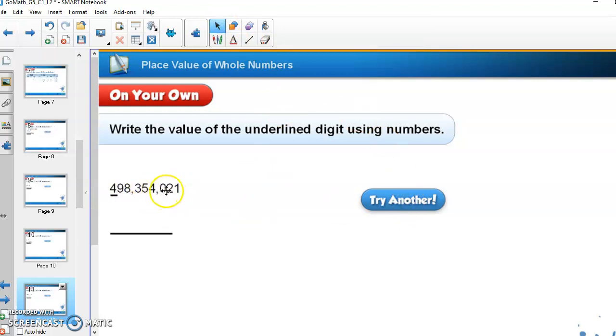The 4. The 4 is, wow, that has a big value. It'd be a lot of money if you had that in money. So here's the ones period, the thousands period, I'm in the millions period, and using my place value chart, I know that this is the millions, the 10 millions, the 100 millions. So the 4 has a value of 400 million.